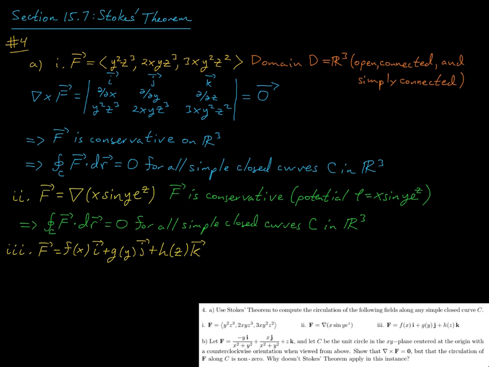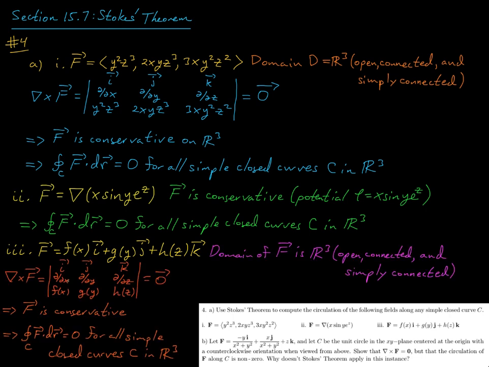So if you take the curl of a vector field of this form, you get the 0 vector. For example, the i component here would be the y derivative of h of z. Well, that's 0. Then I'm going to subtract from that the z derivative of g of y, which is also 0. And similar calculations for the j and k components show you that those are both 0. So the curl here is the 0 vector.